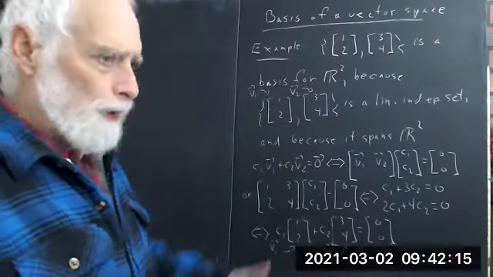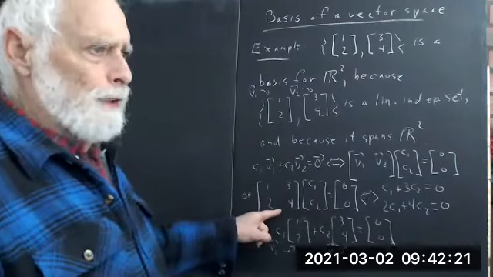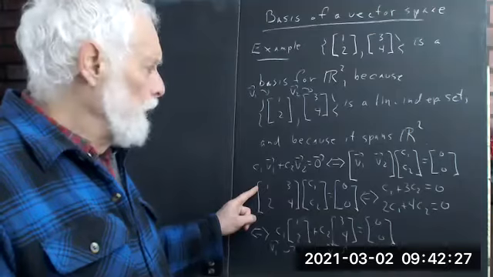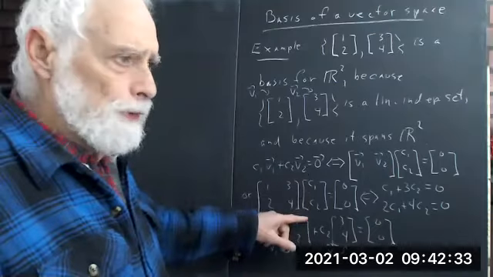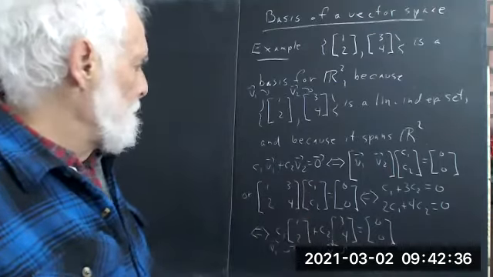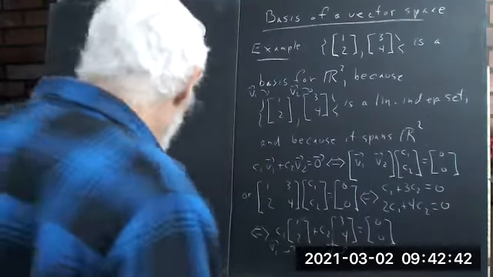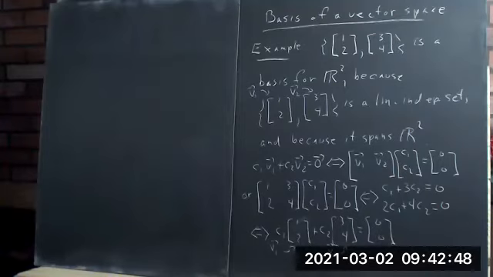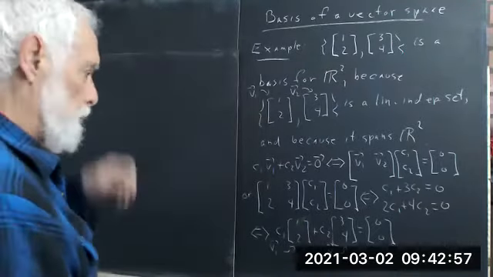Now, once we understand this, we can come back here. And if we understand that as long as this matrix has a determinant that's not zero, it's invertible, and when we multiply the inverse by (0, 0), we get (0, 0), so that C1 and C2 have to equal 0. Now I'm kind of out of space here, so I'm going to come over here.